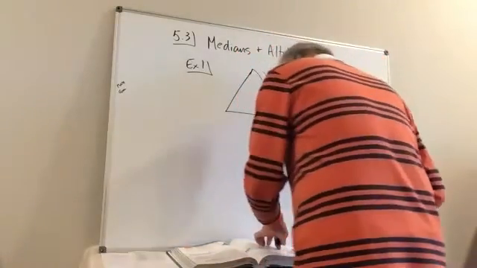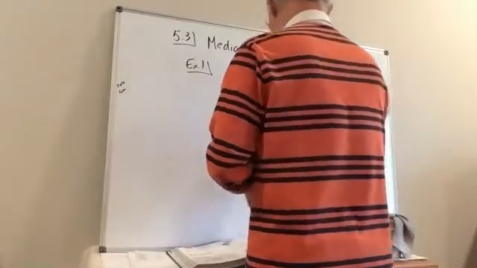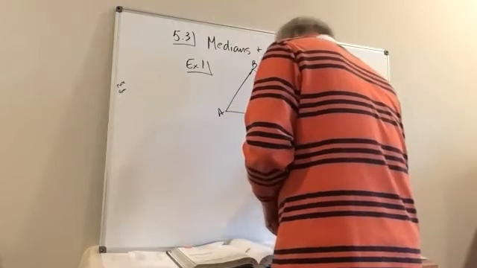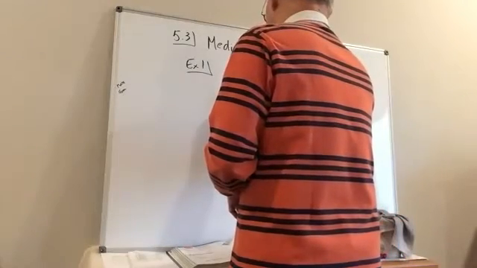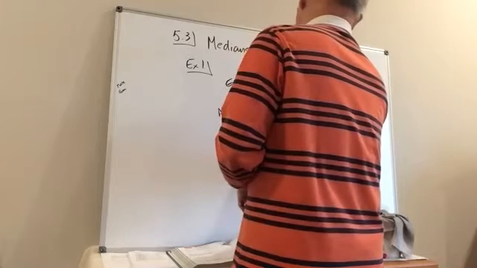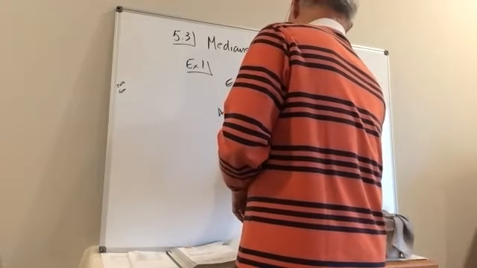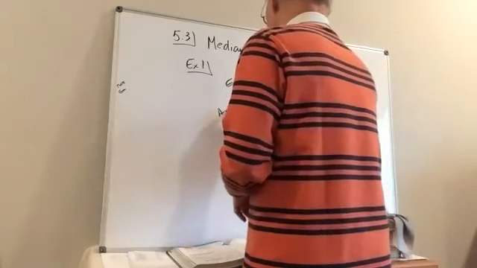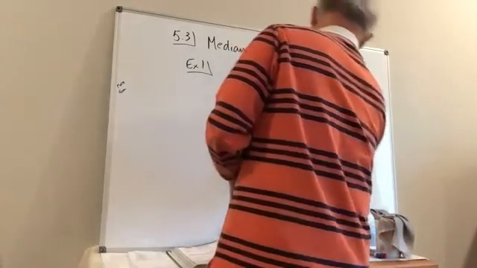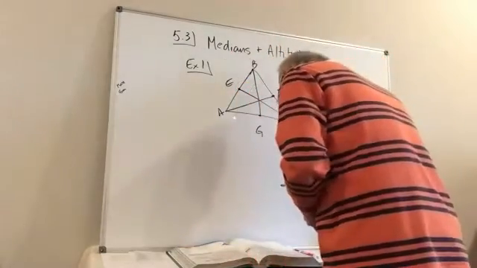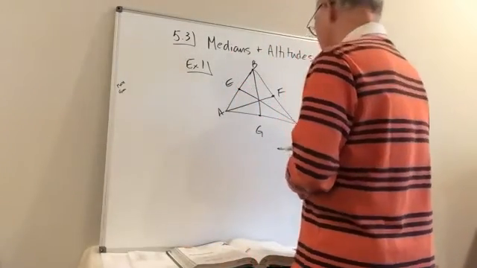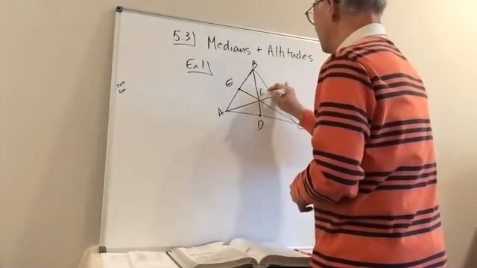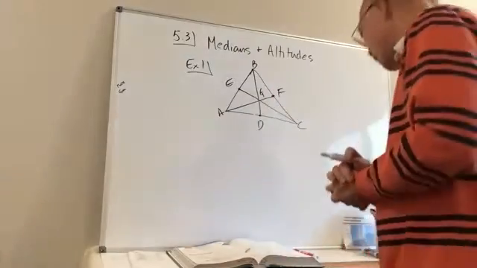I have B, A, C, E, F, G, like that, and D, E, F, and G is the centroid right there.